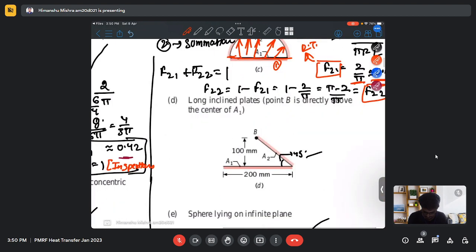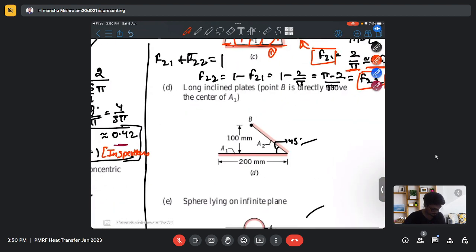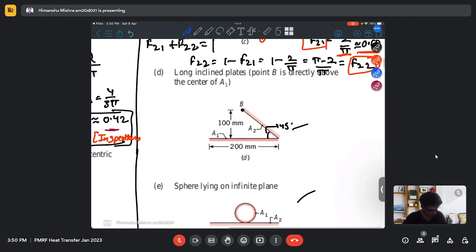So my part D is this. So here, this point B is at the center of surface 1, and let me define one imaginary surface here.